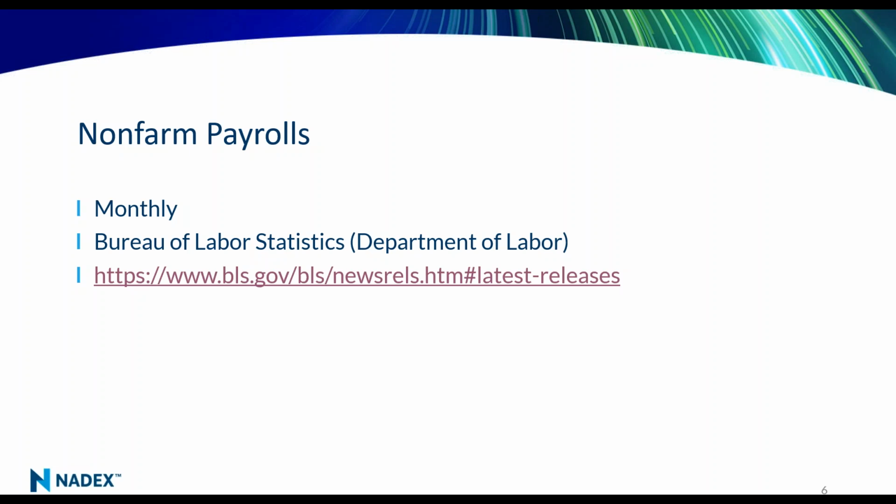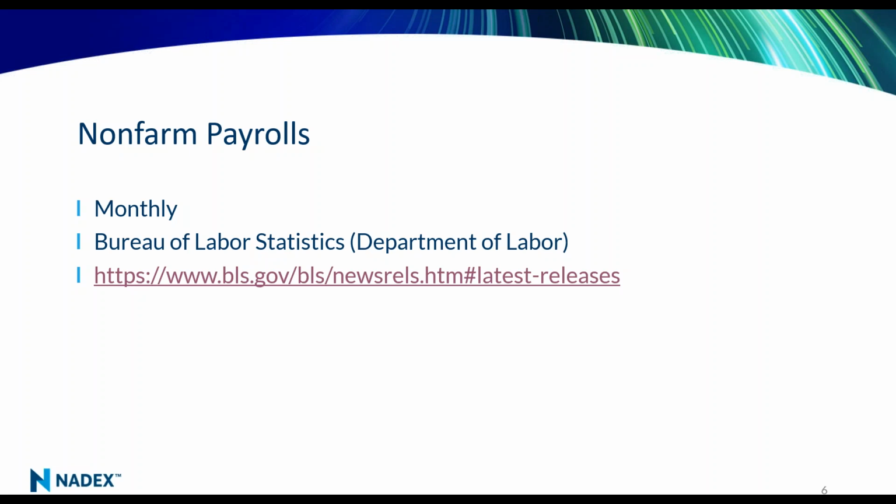So the non-farm payrolls, basically what it means is the number of payroll employees in the United States of America that are not contained in the farm payrolls classification. It's a classification that the United States has for non-farm workers. So it includes most of the working population outside of farmers or a lot of agricultural type jobs, I believe.